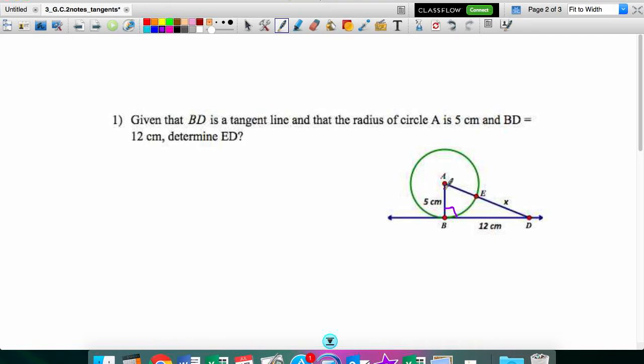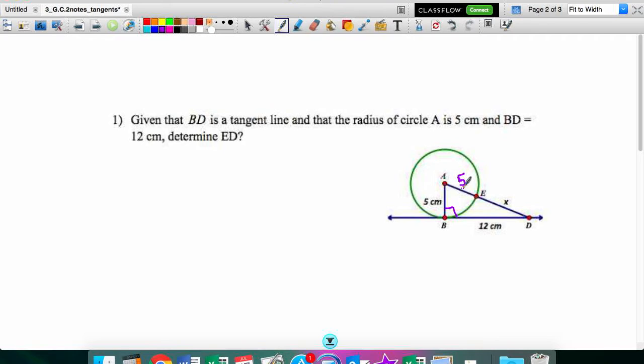Well, as I had mentioned, we have a right triangle. And something important is in a circle, all of our radii are congruent. So what does that mean? Well, if you notice, the radius is 5, so that means AB should also match the other radius in the picture, AE, which means that this segment right here is also 5. So every single side has been marked with something.